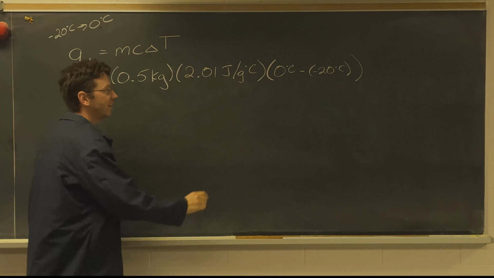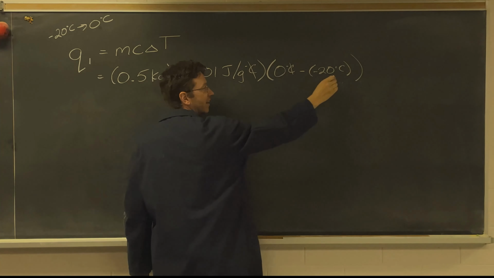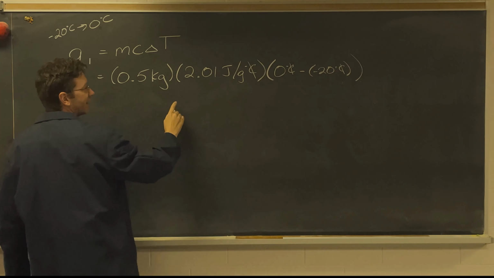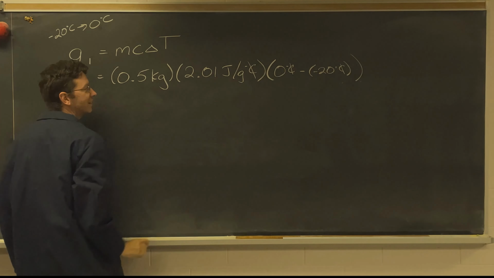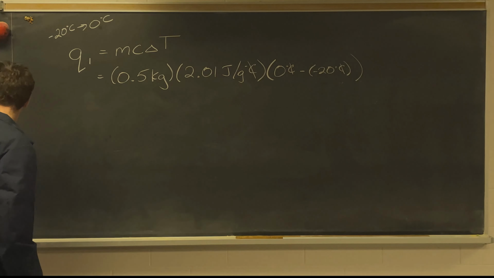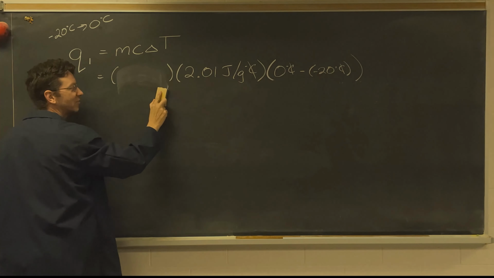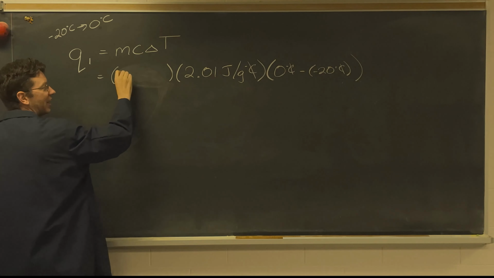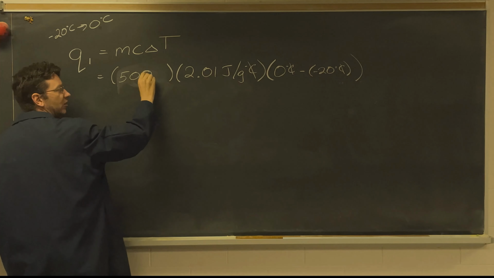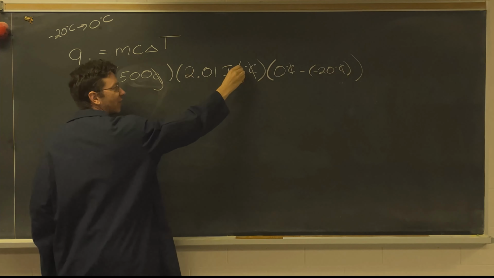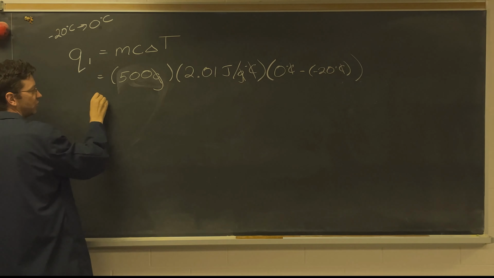Now here you can see Celsius will cancel out here. Okay, but grams won't cancel out with kilograms. So to make sure everything works, let's multiply this by 1,000 to get 500 grams. So now grams cancel, and we'll be left with joules.